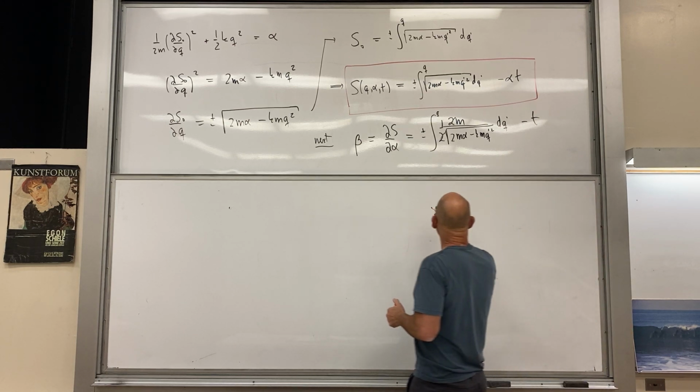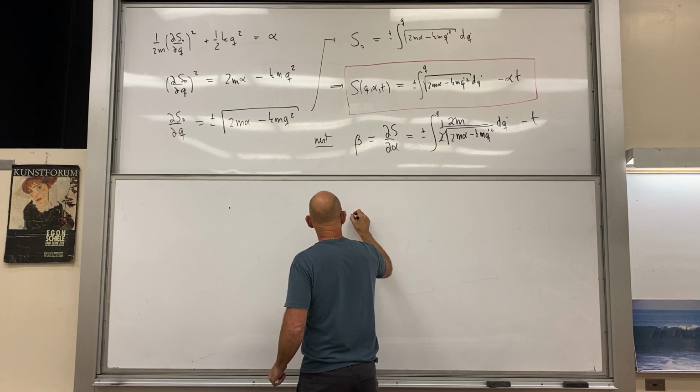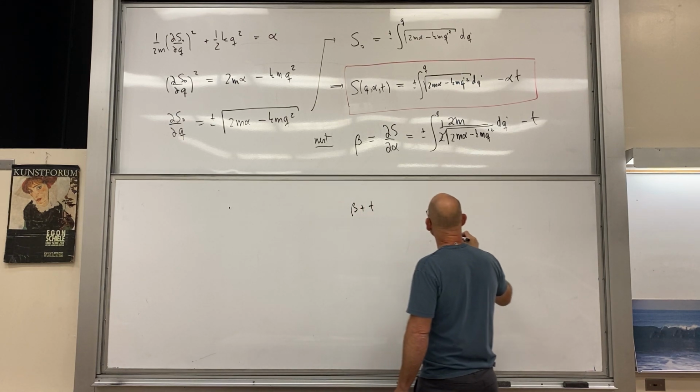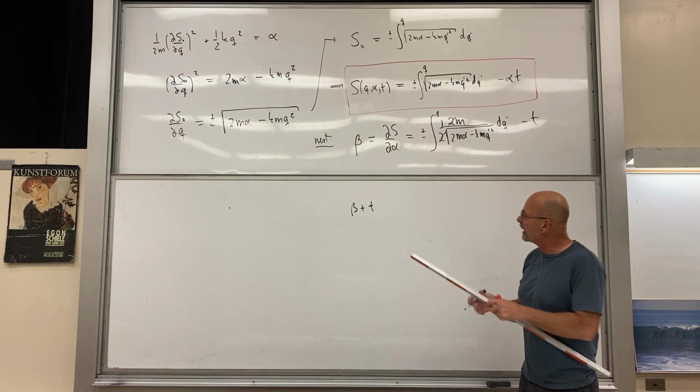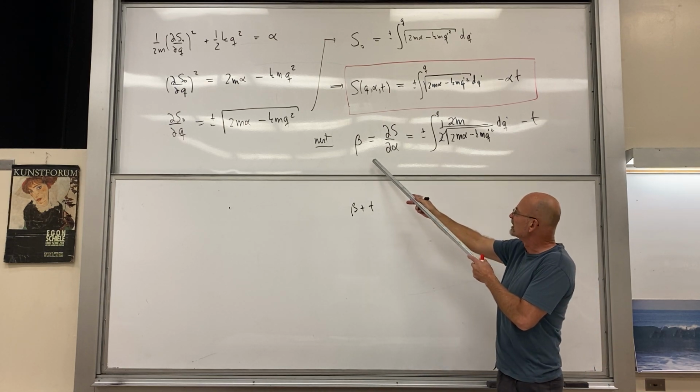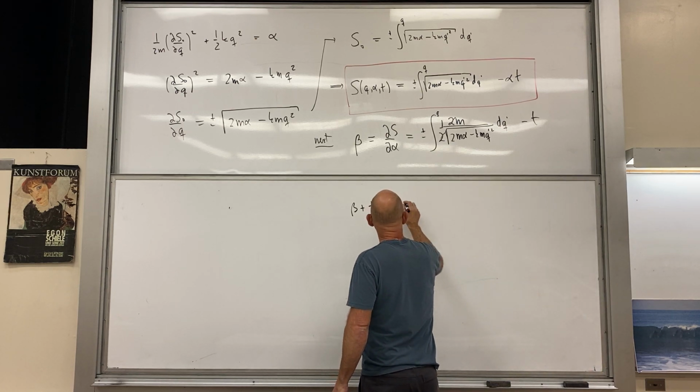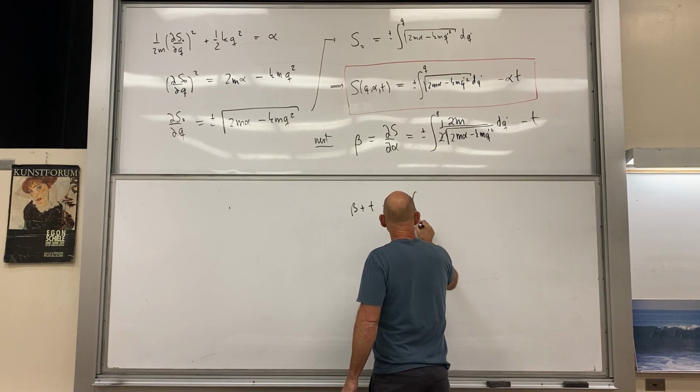But yeah, we have beta plus t. We already know what beta is, some constant time apparently. Beta plus t is equal to plus minus this integral here.